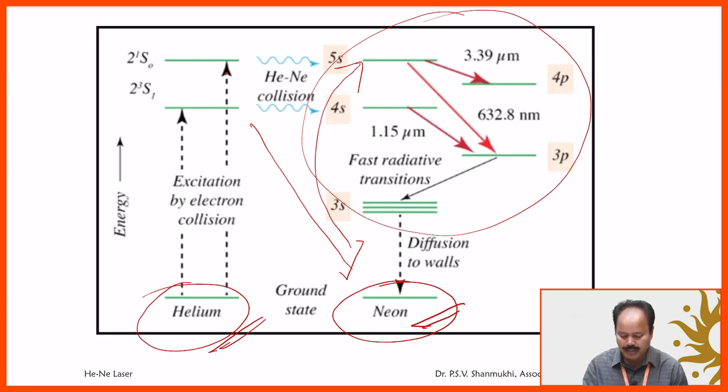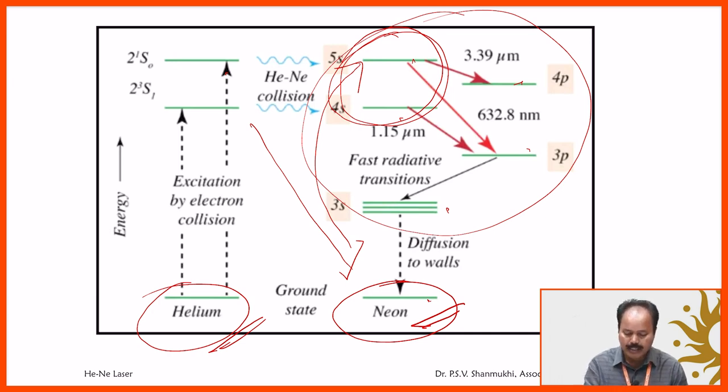If you observe this, there are 6 energy levels, but it is not a 6-level pumping scheme. This comes under only the 4-level pumping scheme. Why is it a 4-level pumping scheme? Here you observe these two energy levels are taken as a higher energy band.